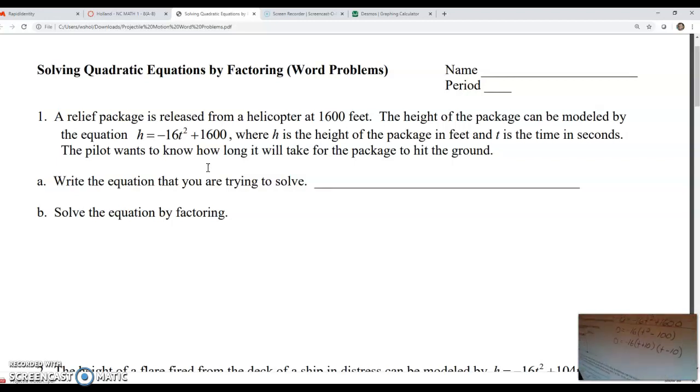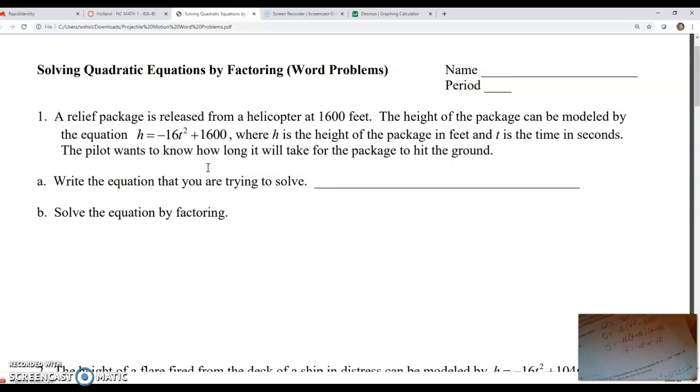So to summarize, the zeros of this function are going to be t is equal to negative 10 or t is equal to positive 10. So let me write that down, and we'll talk about that a little bit more. So t is equal to positive 10 or negative 10.